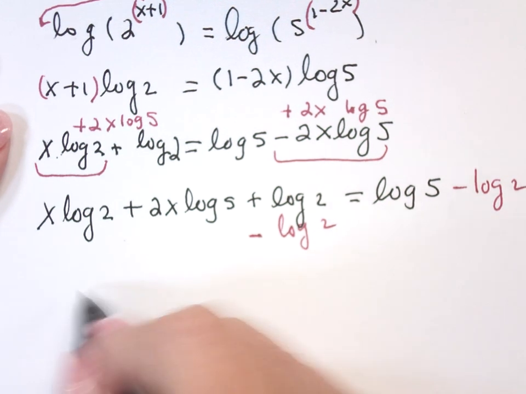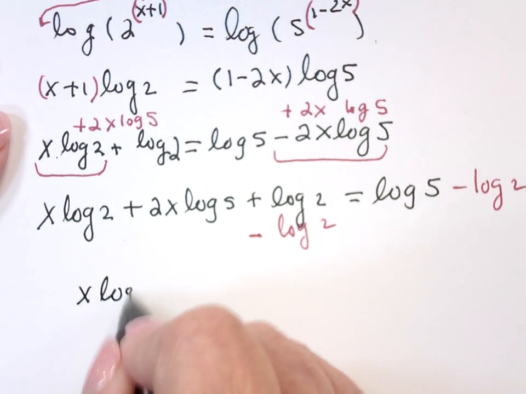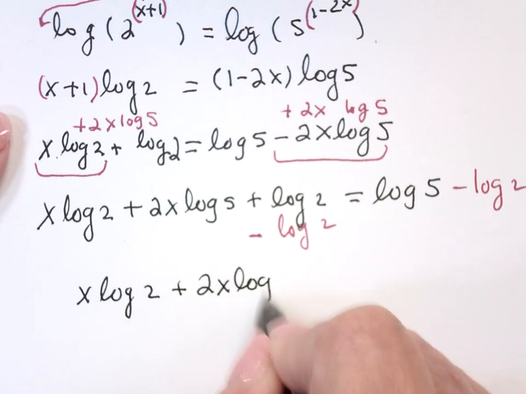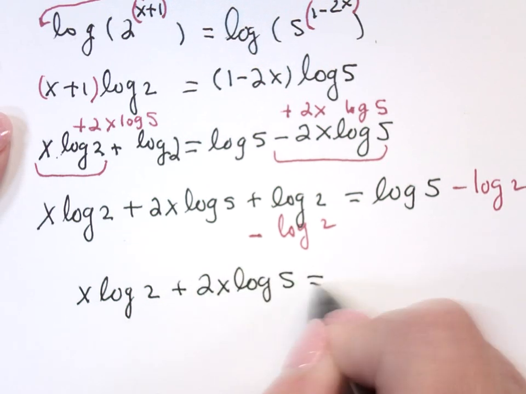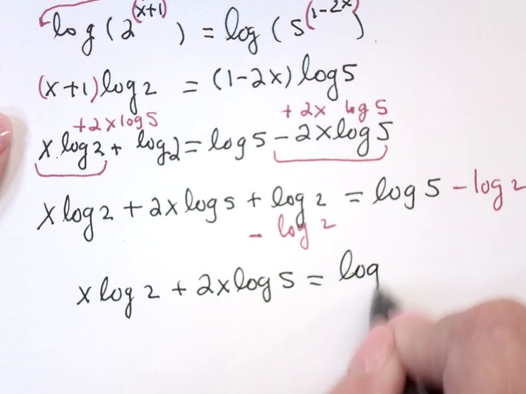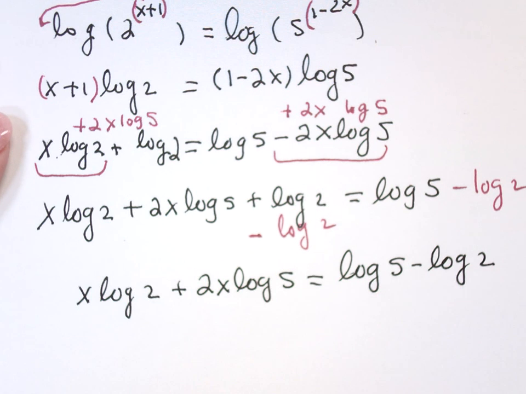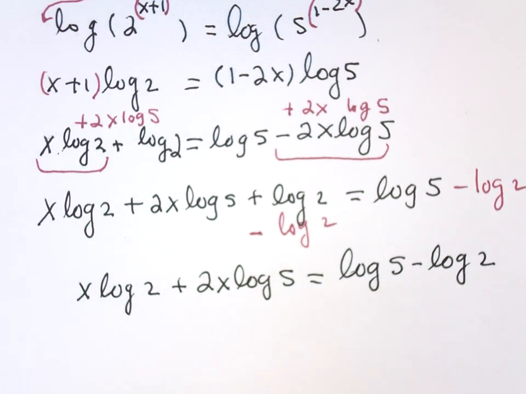So I get x log of 2 plus 2x log of 5 equals log of 5 subtract log of 2. Now again, if you change log of 5 and log of 2 to decimal numbers, you would be adding and subtracting decimals.